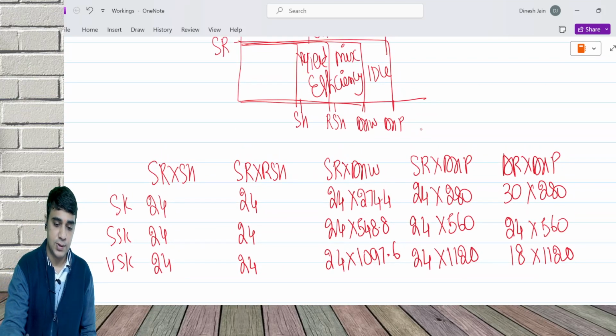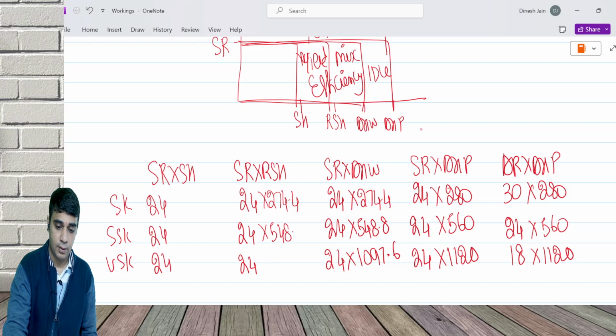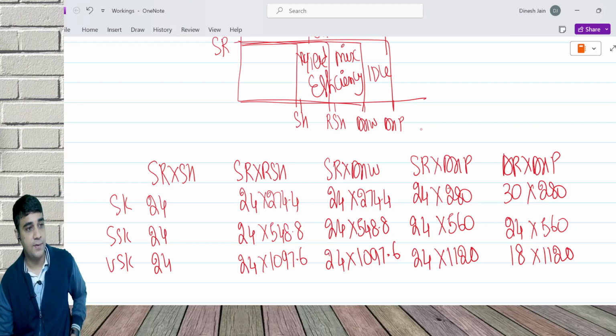Any doubts till this? 274.4, 548.8, 1097.6.